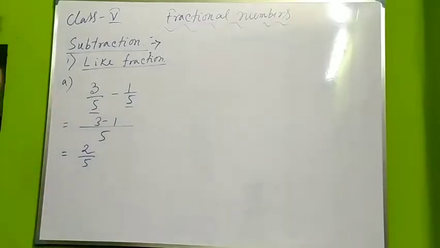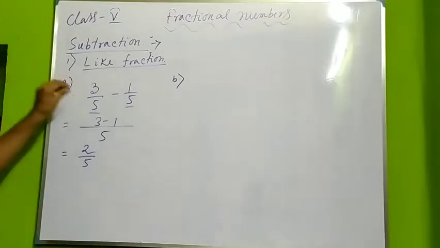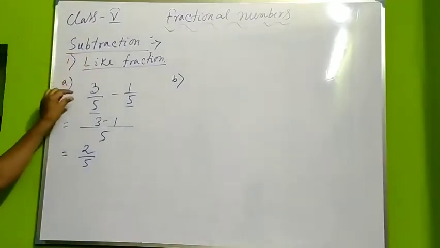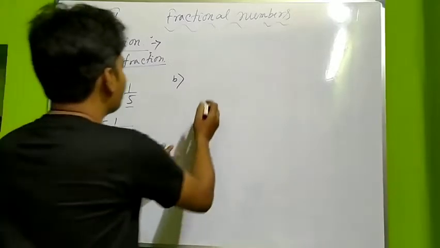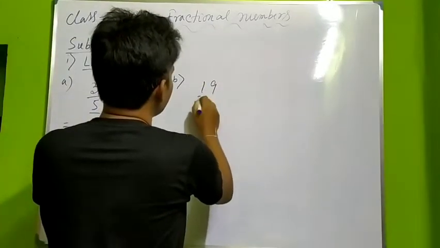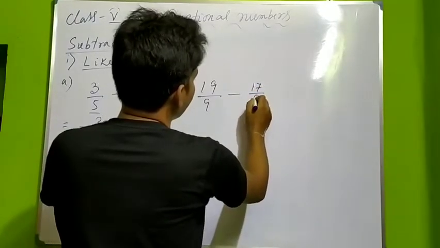Now let's take one more example, that is the like fraction. Now we take 19 by 9 minus 17 by 9.